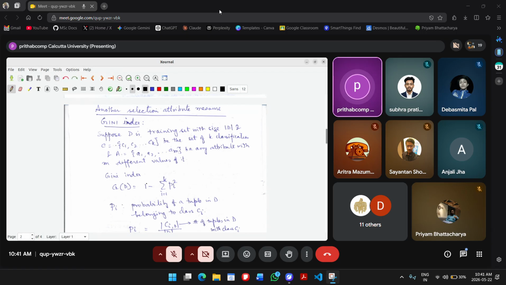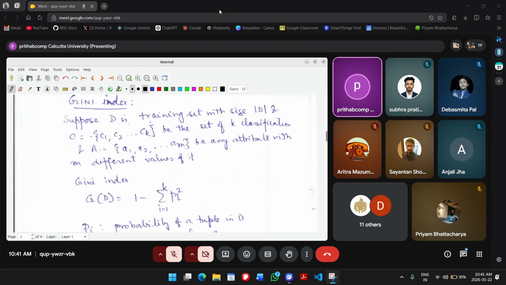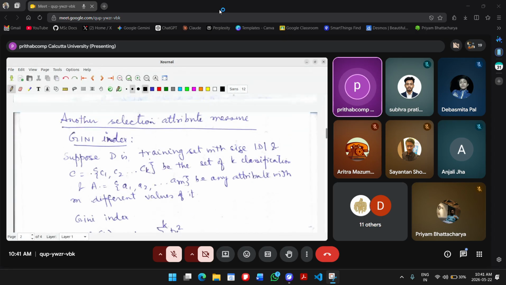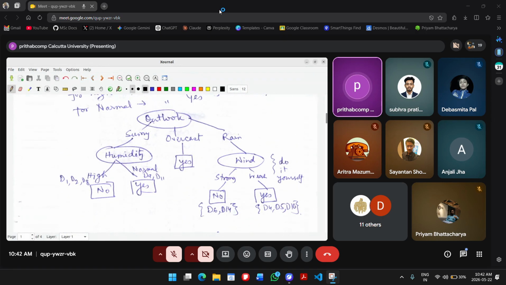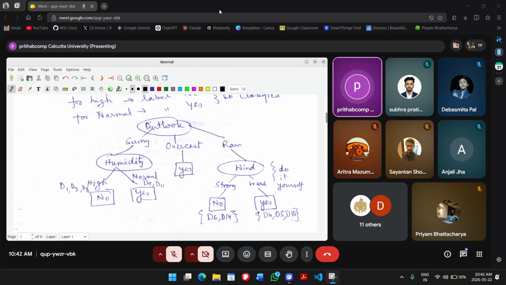So can you see the screen? Yes ma'am. Okay. So I'm just quickly going through whatever is left over for this topic. As I said, most of them you have done earlier. So last time we saw what was called this decision tree, and I asked you to do this entire decision tree.